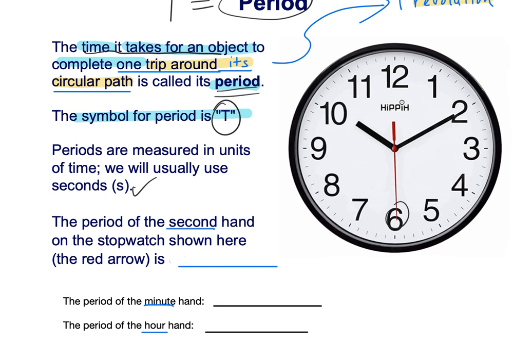So T for the second hand is equal to 1 minute or 60 seconds. Okay, what's the T for the minute hand? It goes from that 2 around to 2 again. In how long? Well, an hour, right? Or 60 minutes if you want.